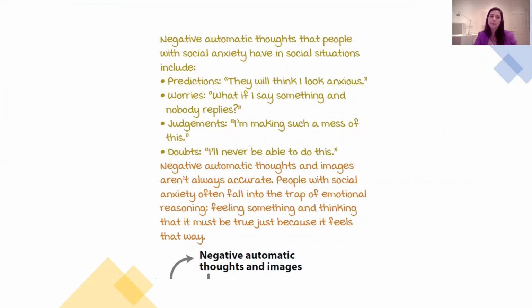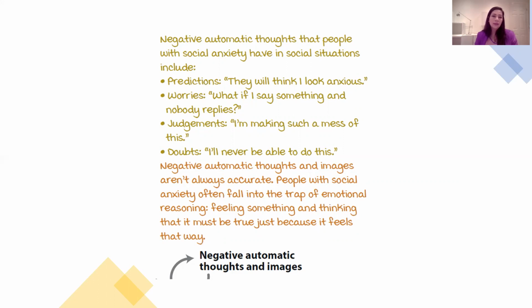So, there are also negative automatic thoughts that people with social anxiety have in social situations. These include predictions such as, oh, they'll think I look anxious, worries, what if I say something and nobody replies, judgments, oh, I'm making such a mess of this, doubts, I'll never be able to do this.